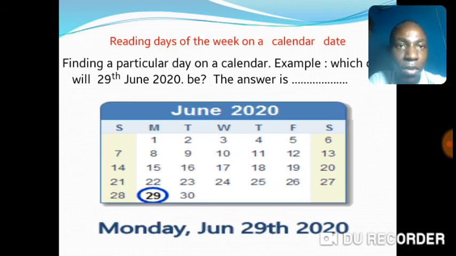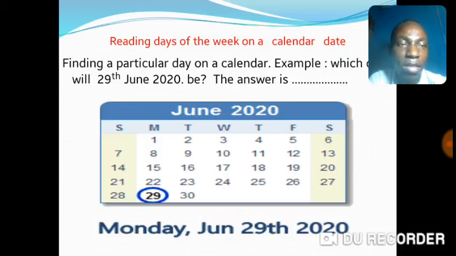Now we come to reading days of the week on the calendar. I have a question for you. We are finding a particular day on this calendar, and when you observe the calendar very well, a particular number has been circled.